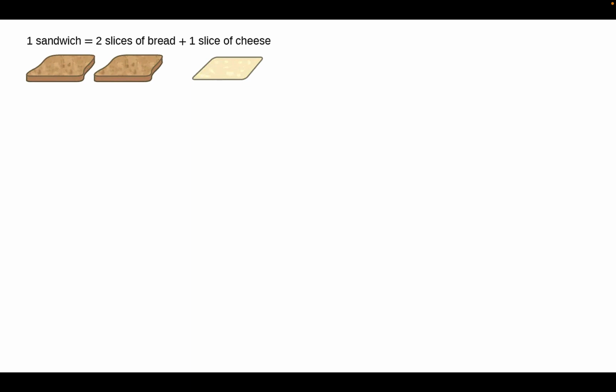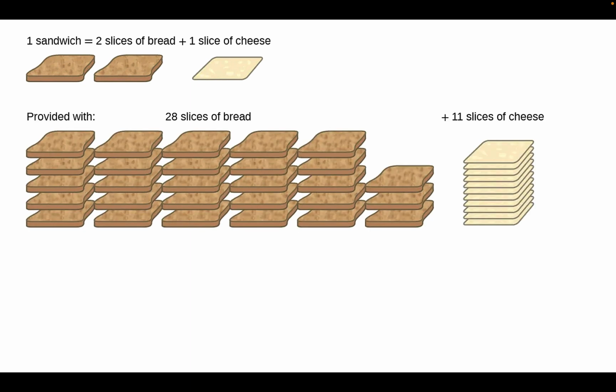We have a sandwich which is made of 2 slices of bread and 1 slice of cheese. What if we have 28 slices of bread and 11 slices of cheese? And I hope you can see where I'm going with this, right? If we have this recipe and we have these ingredients, are we going to run out of cheese or bread first? That is going to determine how many sandwiches we make.